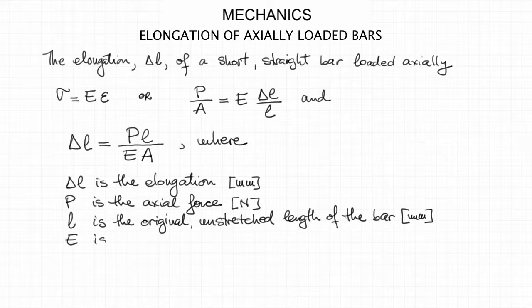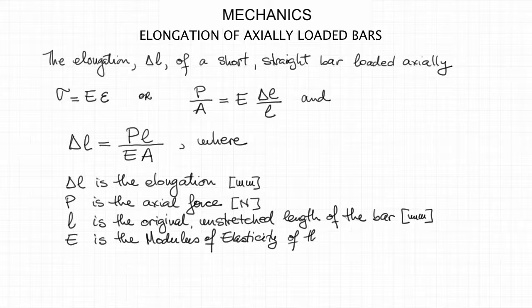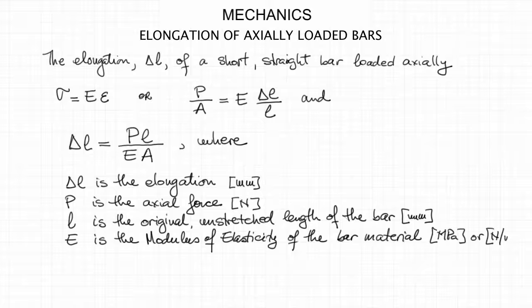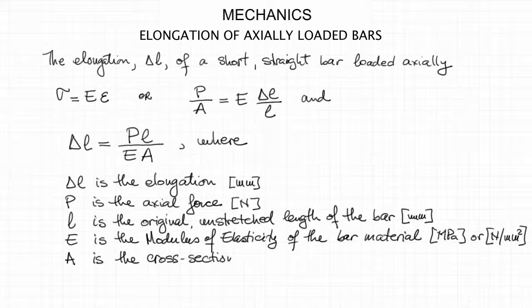And then at the denominator, E is the modulus of elasticity, which is the property of the material, given in megapascals, or it's the same thing in newtons per millimeter squared. And finally, A is the cross-sectional area of the bar, which is also given in millimeters squared.